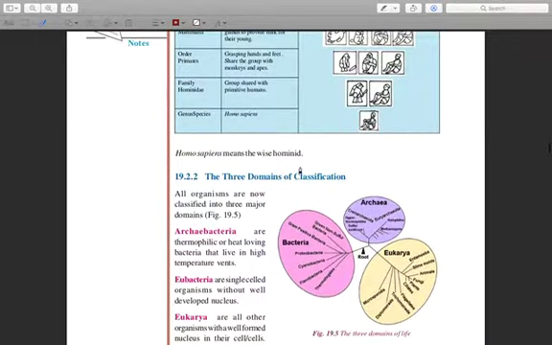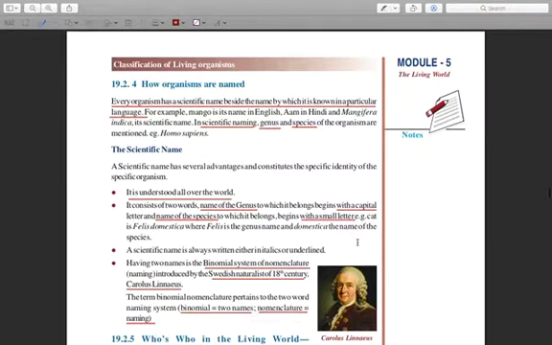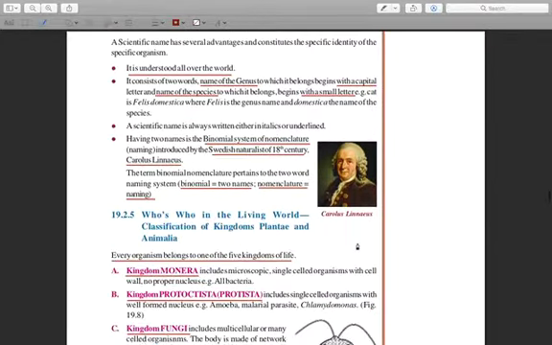And then we saw the 5 kingdoms of life: Monera, Protista, Fungi, Plantae, and Animalia. We said that initially it was only Animalia and Plantae, but then Carolus Linnaeus introduced this 5 kingdom system. Then we briefly saw that. Then we went on to see how organisms are named. That is, I told binomial nomenclature.